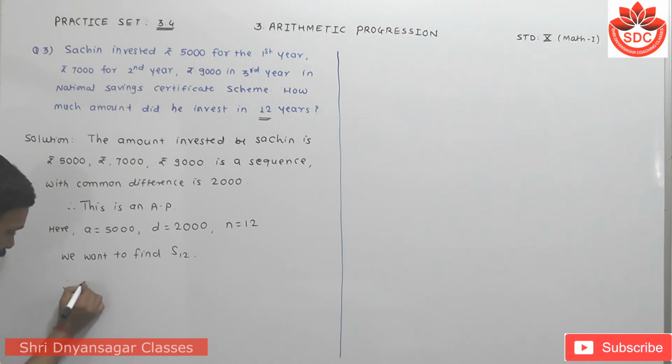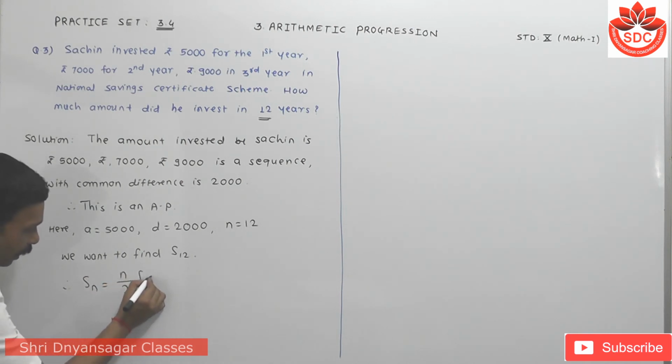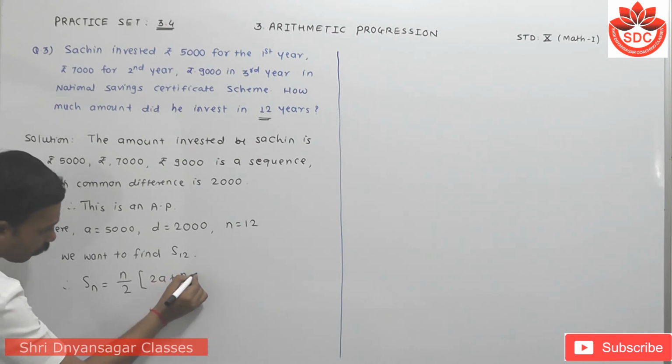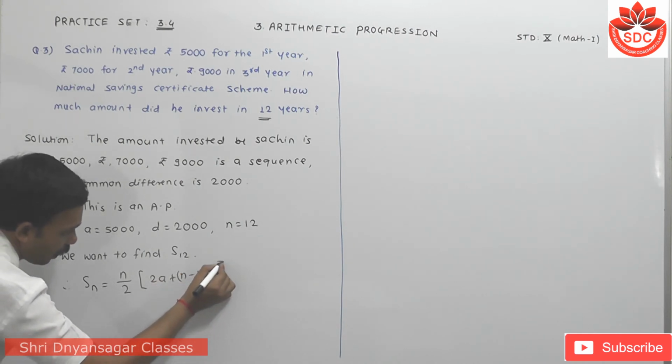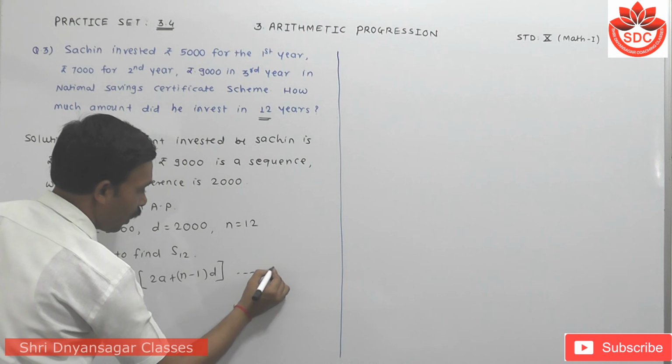Therefore the formula is Sn is equal to n upon 2 in bracket twice a plus n minus 1 into d. This is our formula.